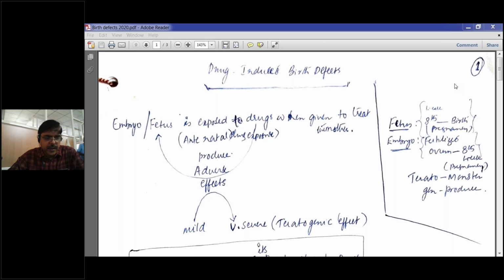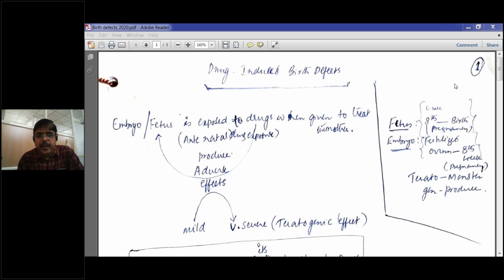Now we know that the drug is taken by the mother. When the drug is taken by the mother, it produces an effect on the growing fetus, correct?